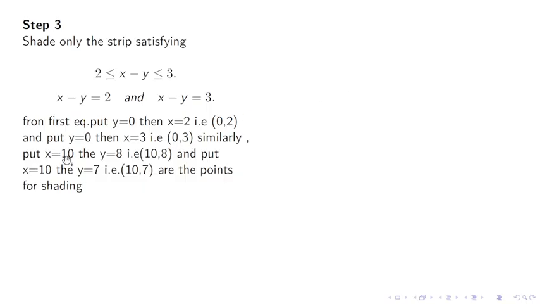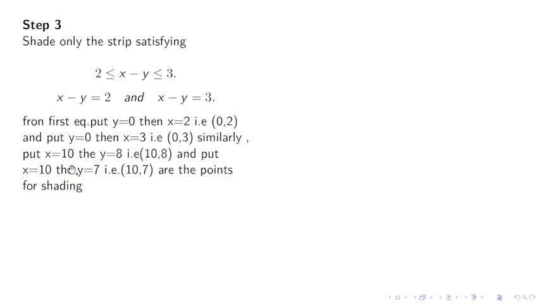Similarly, for the ending points, put x equal to 10, then y is equal to 10 minus 2, that becomes 8. So the ending point of the first line is 10 comma 8.